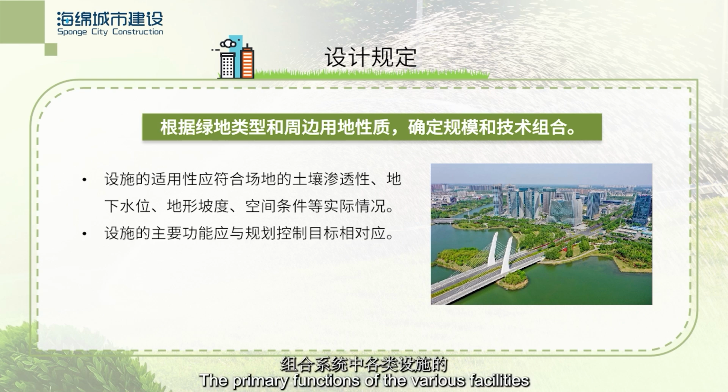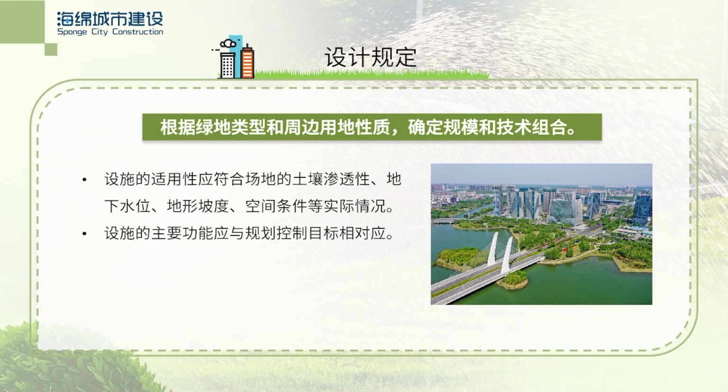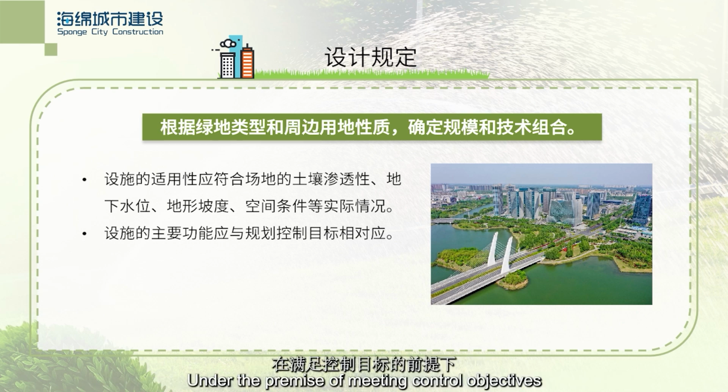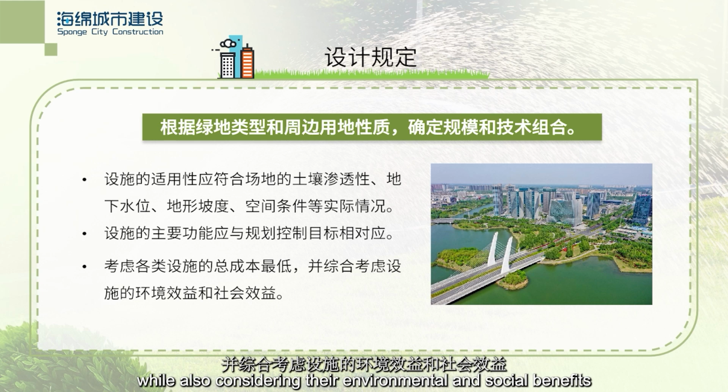The primary functions of the various facilities in the combined system should correspond to the planning control objectives. Under the premise of meeting control objectives, the total cost of the facilities in the combined system should be minimized, while also considering their environmental and social benefits.